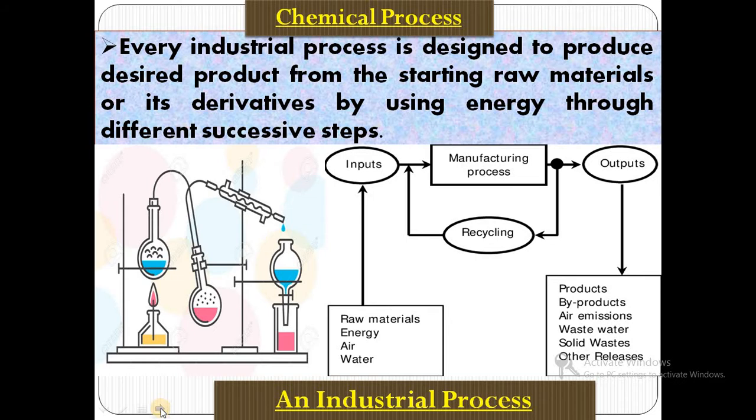First we will see what a chemical process or industrial process is. Every industrial process is designed to produce a desired product from the starting raw materials or its derivatives, by using energy, through different successive steps.